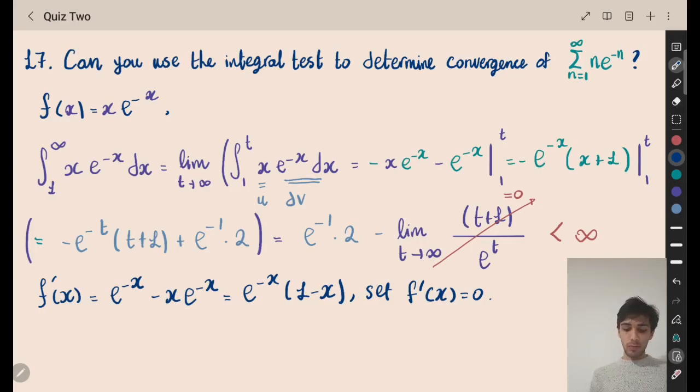We set f prime of x equal to 0. Then clearly x has to be equal to 1, because there's absolutely no way on Earth or in any other universe that e to the minus 1 is equal to 0.